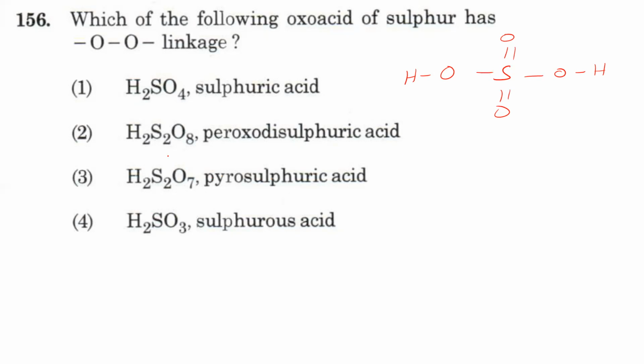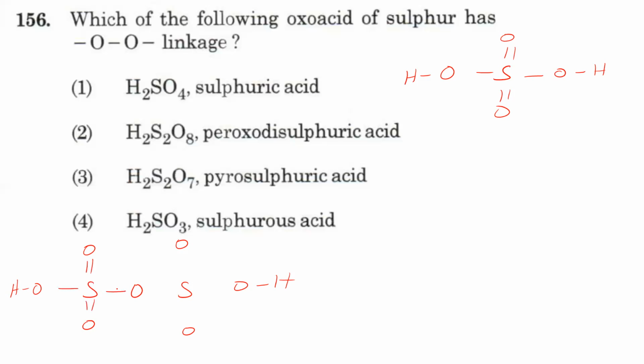Now in the third option, H2S2O7, we write 2 sulfur atoms and 7 oxygen atoms. For the 2 sulfurs, 3 oxygens each individually, and the remaining 1 in the center. The 2 hydrogens are on OH groups. In all the oxo acids of sulfur, 2 OH groups will be there, and sulfur can make a maximum of 6 bonds.